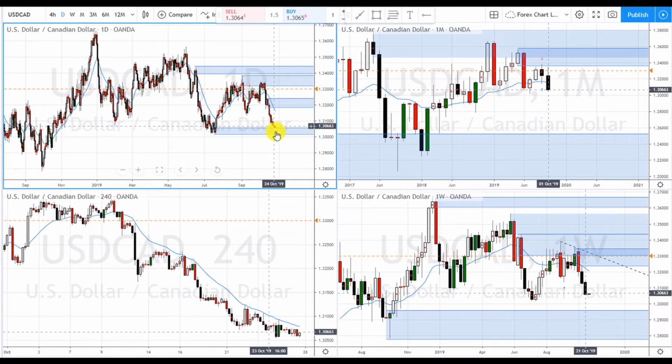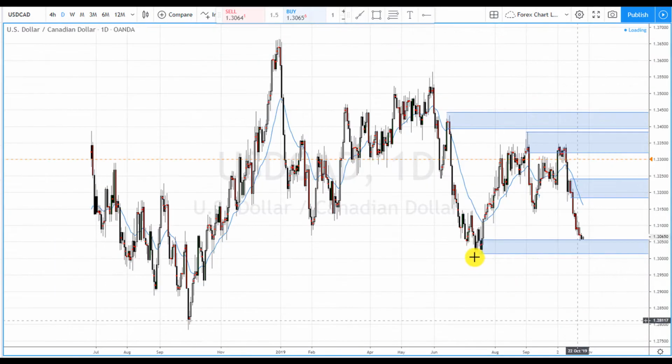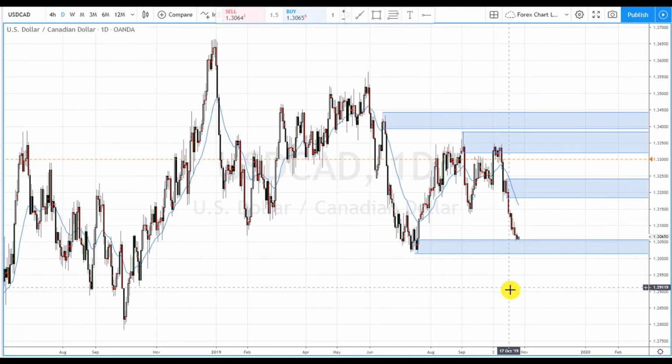Otherwise, if it breaks this area of demand on the daily, then if it breaks this area, it'll create a new area of supply.